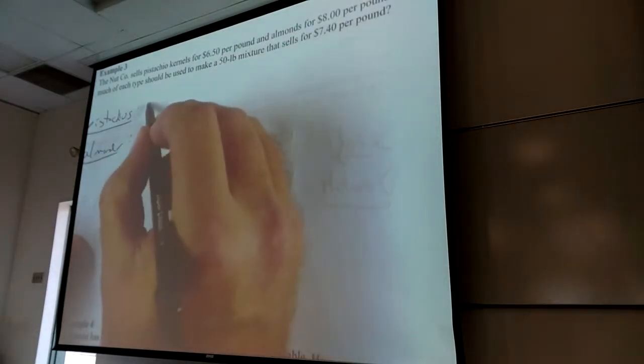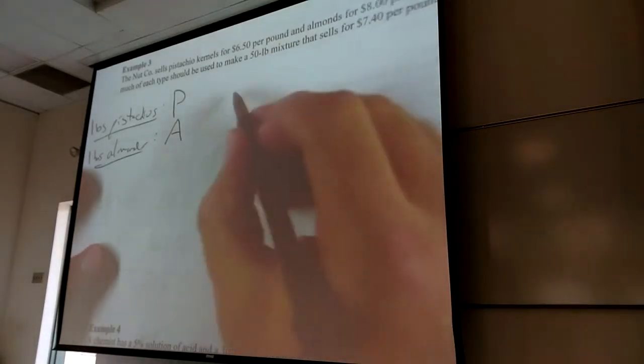So amazing, I'm going to call pounds of pistachios P, and the almonds A. That's correct. So now the thing about it, it's not that difficult. So this isn't quite the problem I want to do. So one equation I could set up.